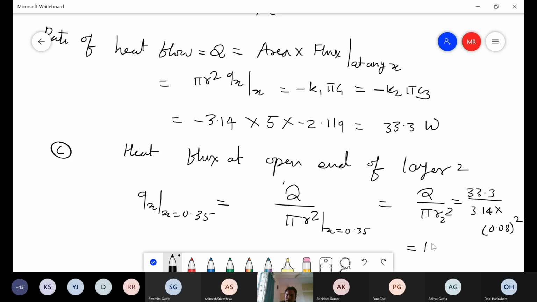So this becomes 1567.04 watt per meter square. Sir, it should be 1657. 1657, correct. Yes, you are right. 1657.04. Okay.